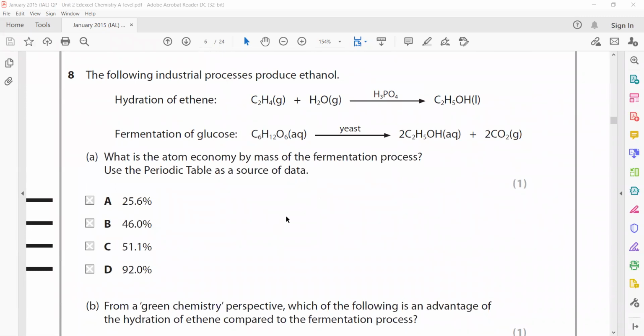The following industrial processes produce ethanol. What is the atom economy by mass for fermentation? Use a periodic table as a source of data.